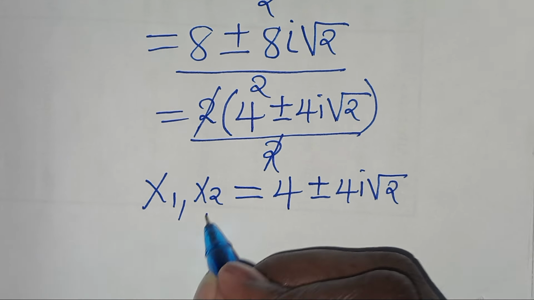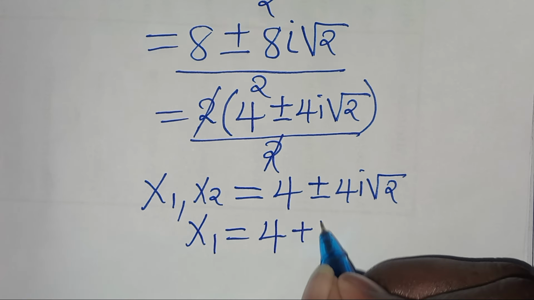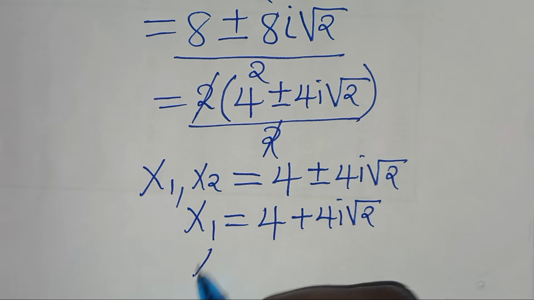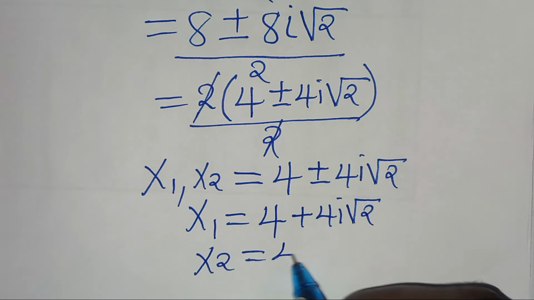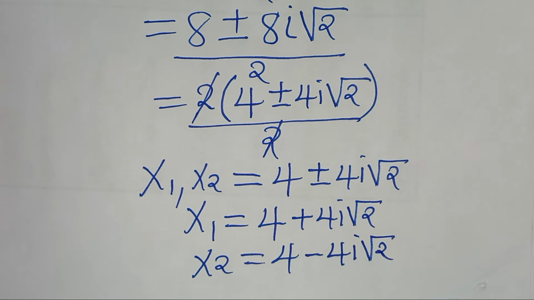So x1 is equal to 4 plus 4i square root of 2, and x2 is equal to 4 minus 4i square root of 2.